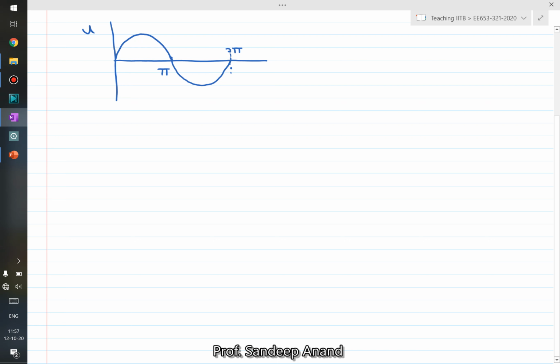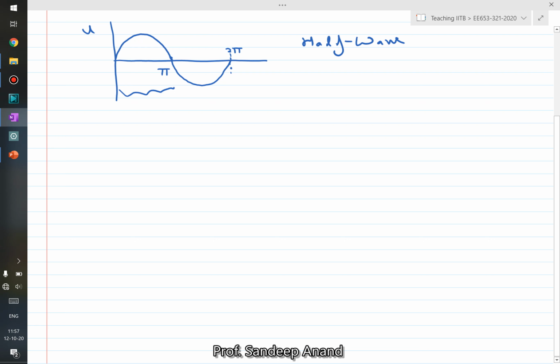So half wave essentially utilizes one part, and therefore you tend to call it half wave. It does not really utilize the input side of the second half for its benefit. It might still conduct in the second half, but the second half is not very effective in terms of transferring power from the AC side to the DC side. So that is the reason they are called half wave.